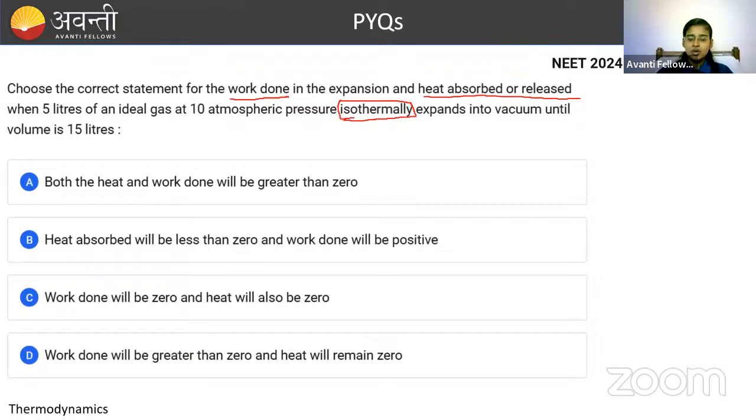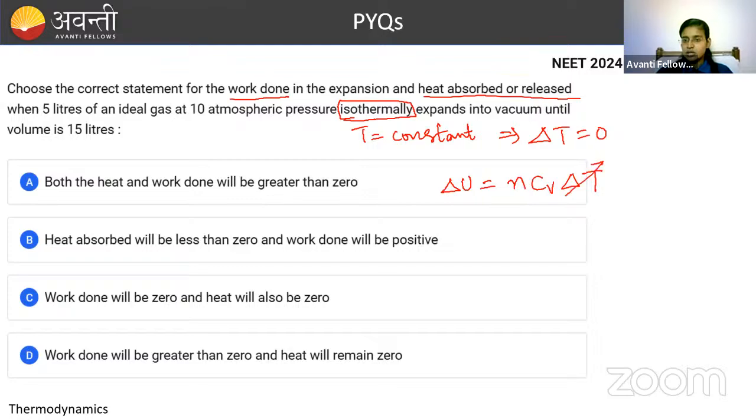What is meant by isothermal? Isothermal means temperature is constant, right? So temperature is constant means delta T will be equal to 0. If delta T is equal to 0, then from the relation delta U is equal to n Cv delta T, 0 into anything will be 0.